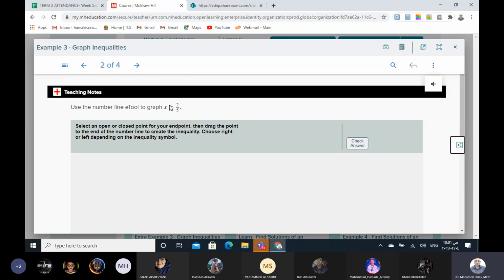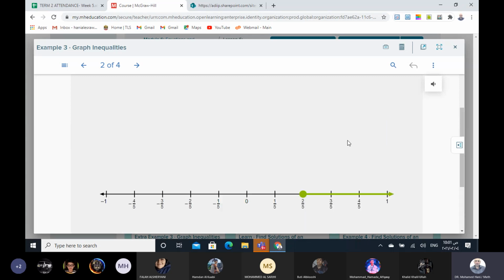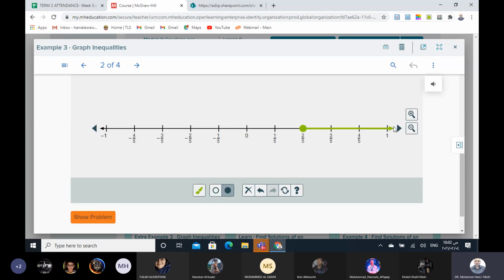Then the sign greater than means go to the right, to the positive side. So this is the graph. When you use the shaded circle, it means the solution starts from 2/5, and 2/5 is included in this solution. Then go up to the positive side. This is the meaning of the graph of the inequality.